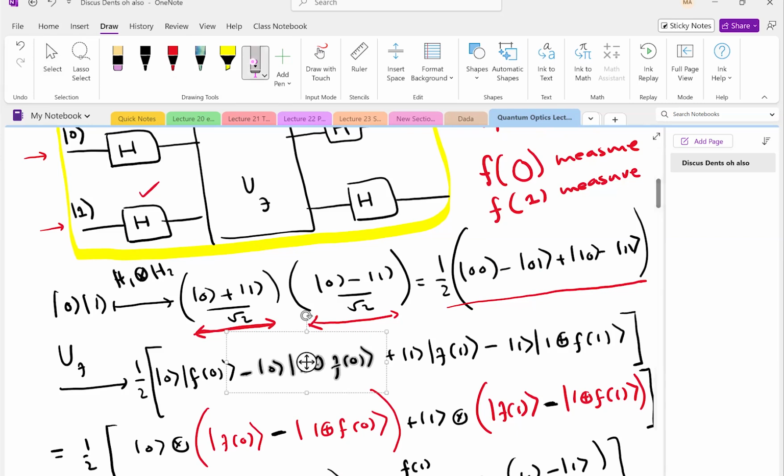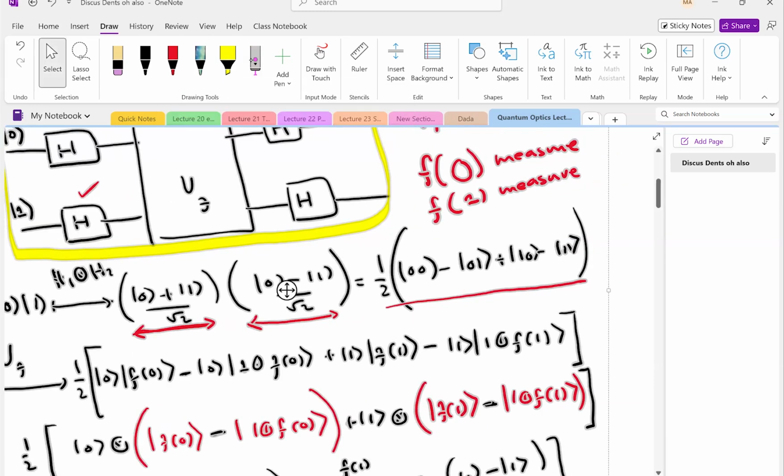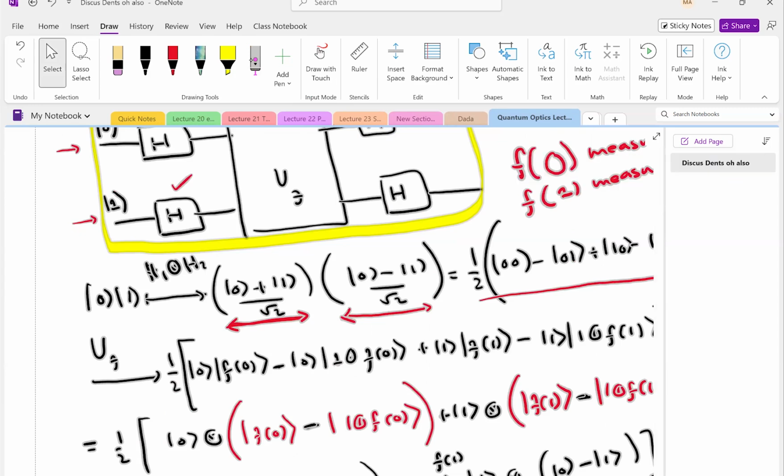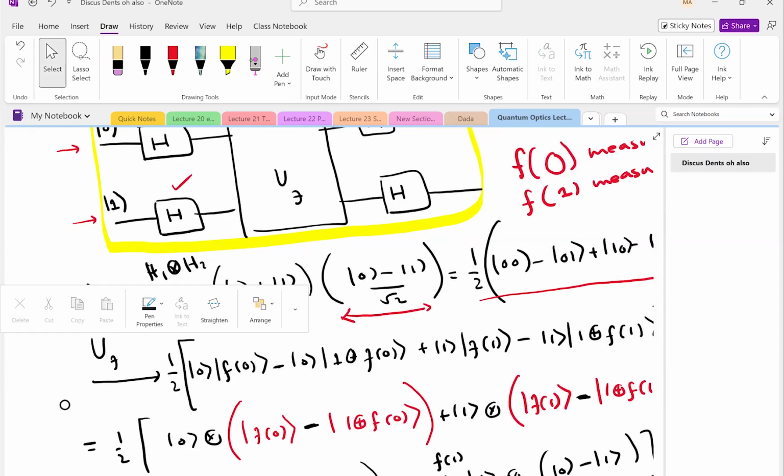As you can well imagine, the first term goes to ket 0, and the second qubit becomes f of 0. All the minuses and the pluses are preserved, and you repeatedly apply the unitary operation on each of these terms. And go forward from here.